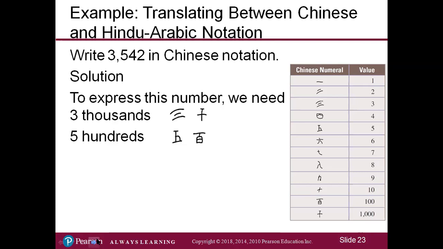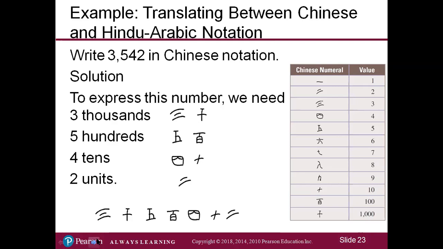So 5 100s and 4 10s. So we have our coefficient of 4 and our base 10 notation for 10 and 2 units for a total combined symbolism of these 7 symbols, reading from left to right.